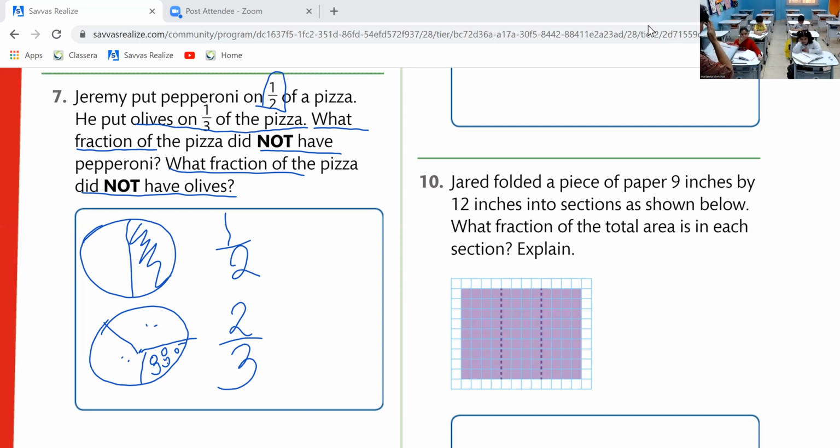Now I give you another example. Someone has a collection of beads. Do you know what beads are? I show you a picture.